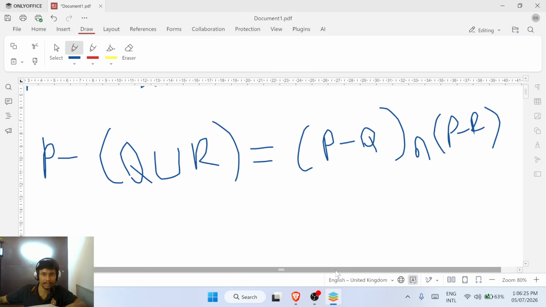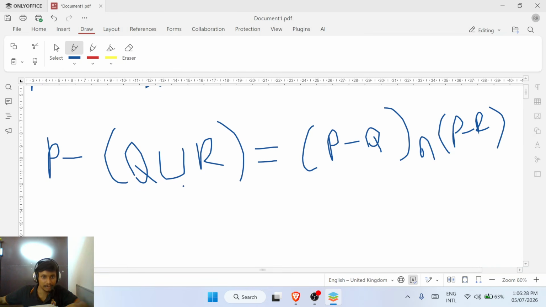Now we have to prove that P minus (Q union R) is equal to (P minus Q) intersect (P minus R).